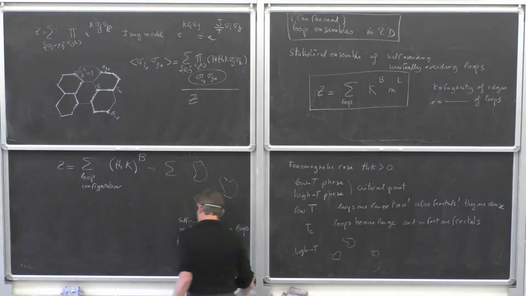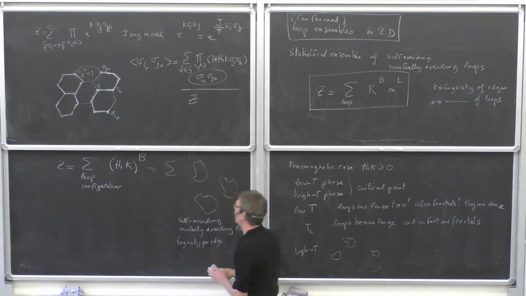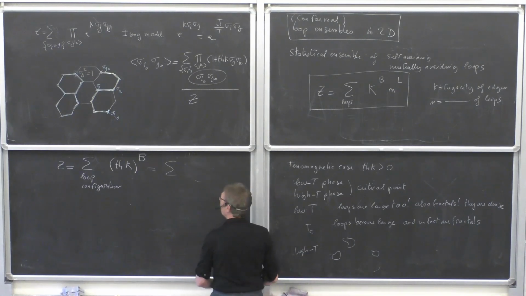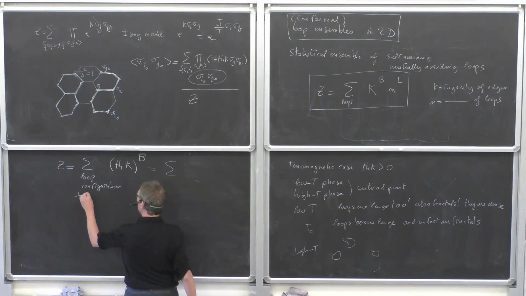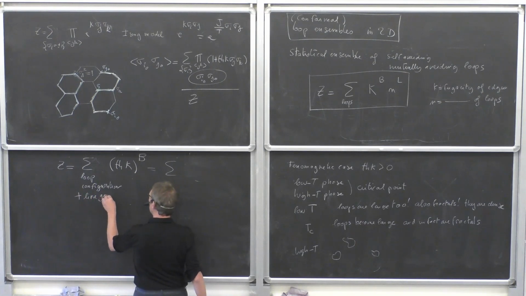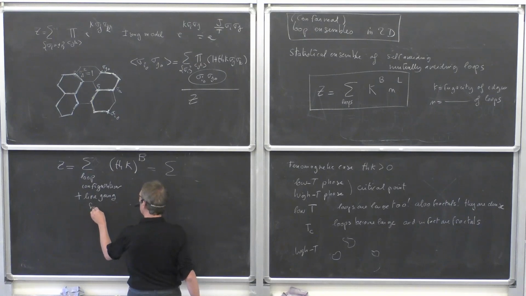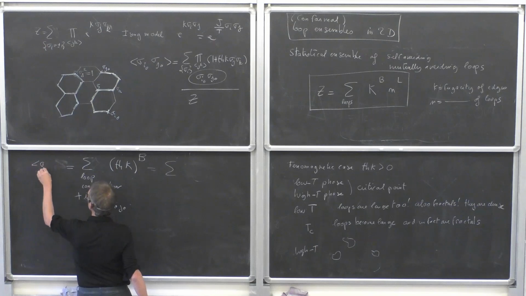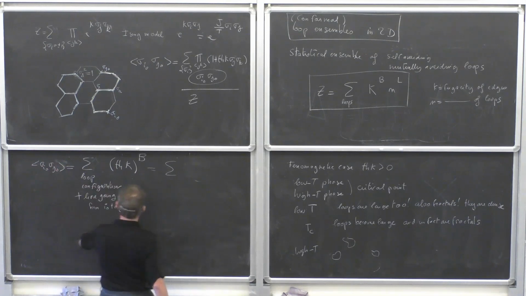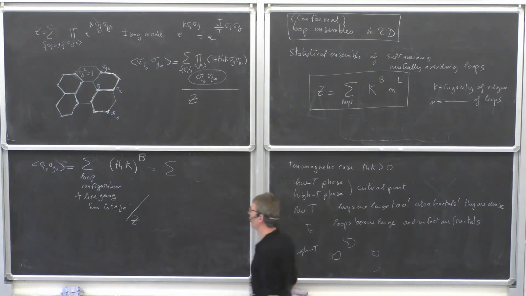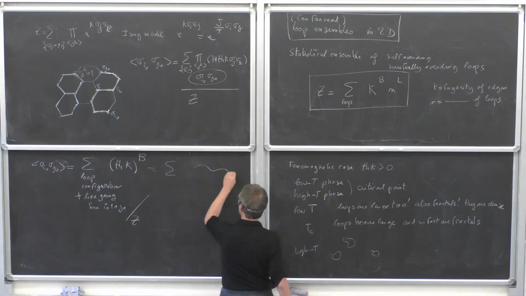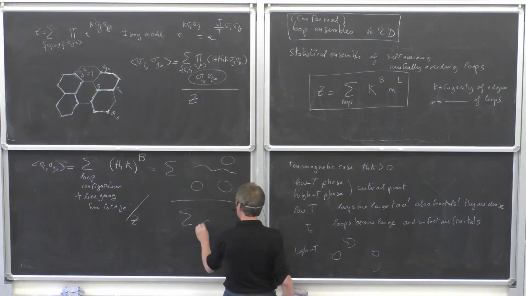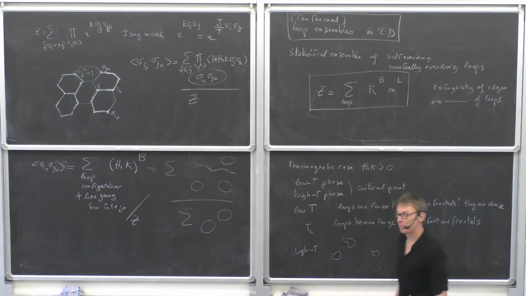So now the two-point function of the spins in the loop ensemble becomes the same business, the sum over loop configurations of tanh k to the power b, but these loop configurations now must also contain a line going from i0 to j0, over Z, which I will represent diagrammatically by the sum over this kind of diagrams.